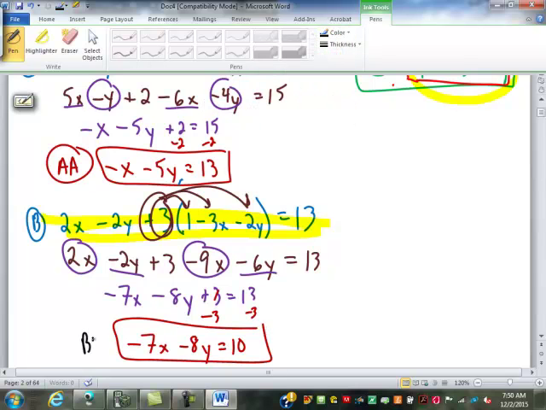We call that BB. That's our modified equation B. Now you'll notice we haven't solved anything yet. All we have managed to do is reduce equations A and B down to 2 variables. Now we have a system of 2 equations in 2 variables, A and BB.